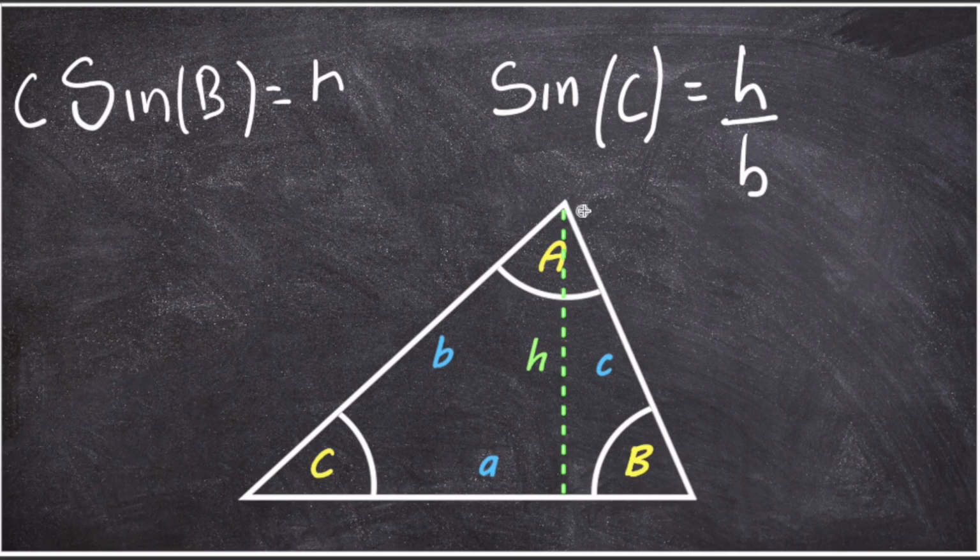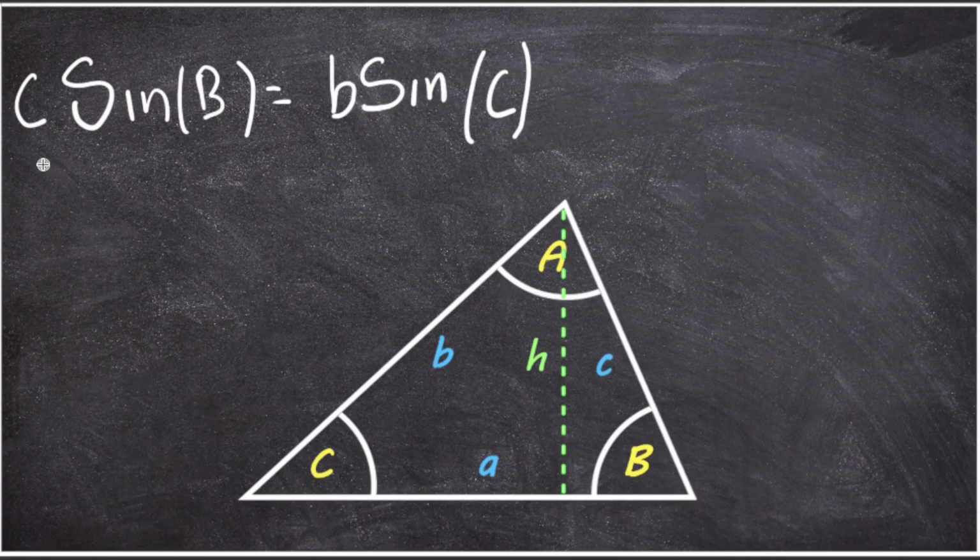And if we repeat the same process on the equation that contains sine C, and multiply both sides by the denominator on the right hand side, we get b sine C on the left hand side and b over b on the right hand side. The b's on the right hand side cancel, so b sine C equals h. That must mean that c sine B is equal to b sine C.